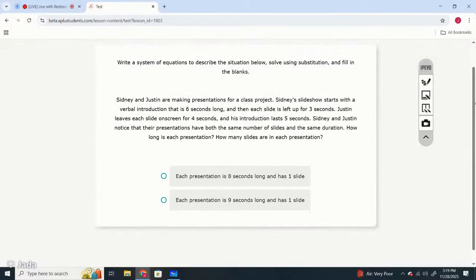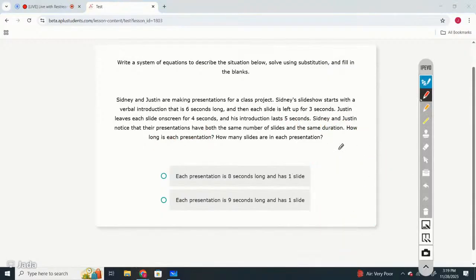Sydney's slideshow starts with a verbal introduction that is 6 seconds long, and then each slide is left up for 3 seconds, right? So that is y equals 3x plus 6. Justin leaves each slide on screen for 4 seconds and his introduction lasts for 5 seconds. So the second equation is y equals 4x plus 5.